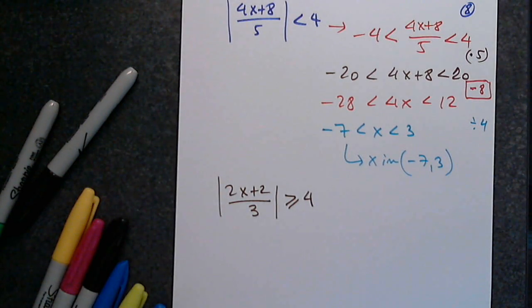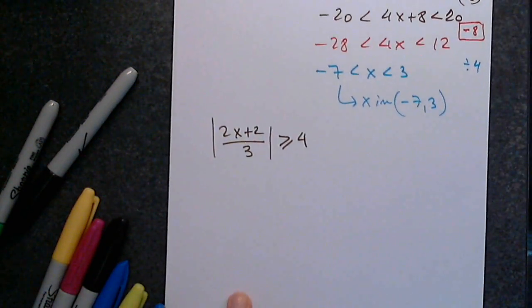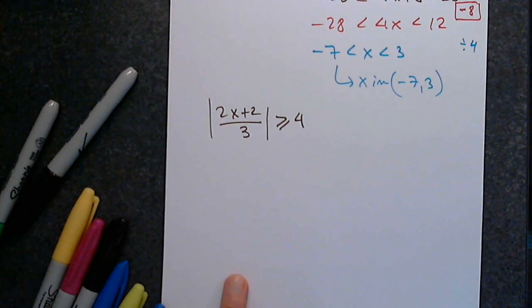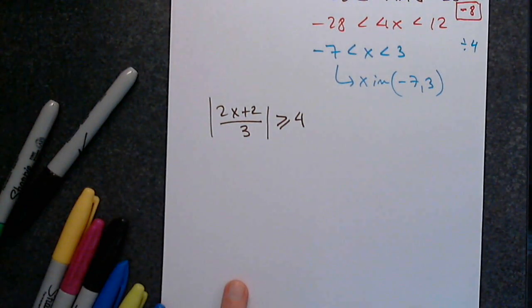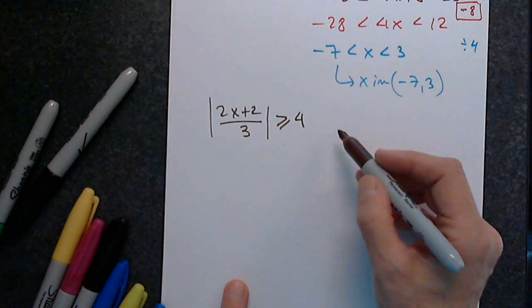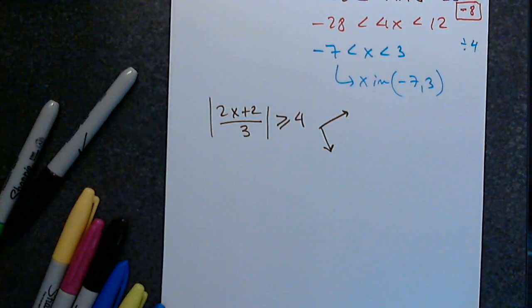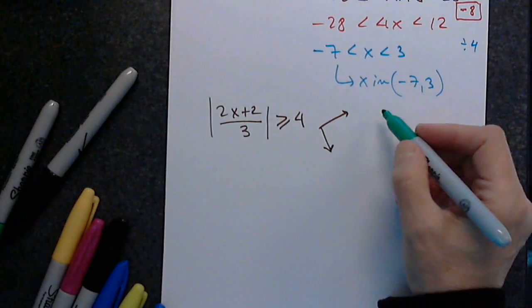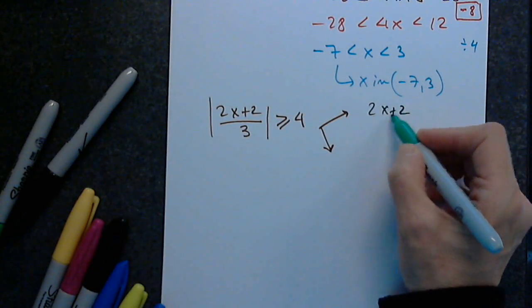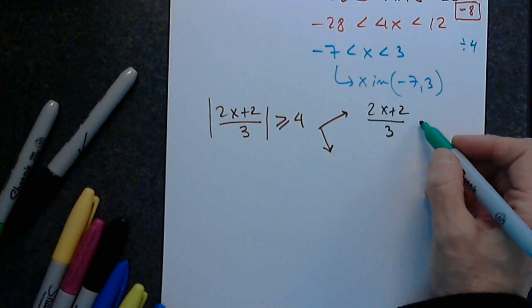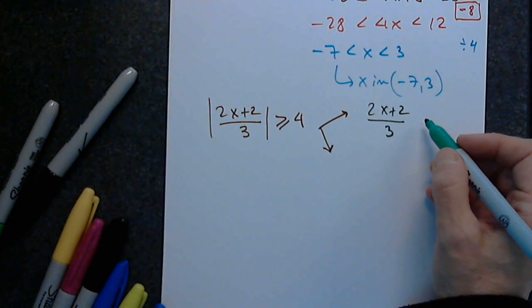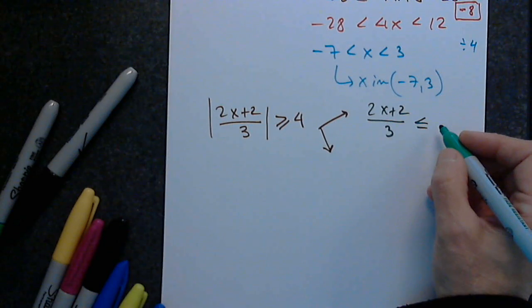What do I do? This is not the chain. Two different inequalities, two completely separate inequalities. Can anyone give us the first one? So 2x plus 2 over 3 is, very good.